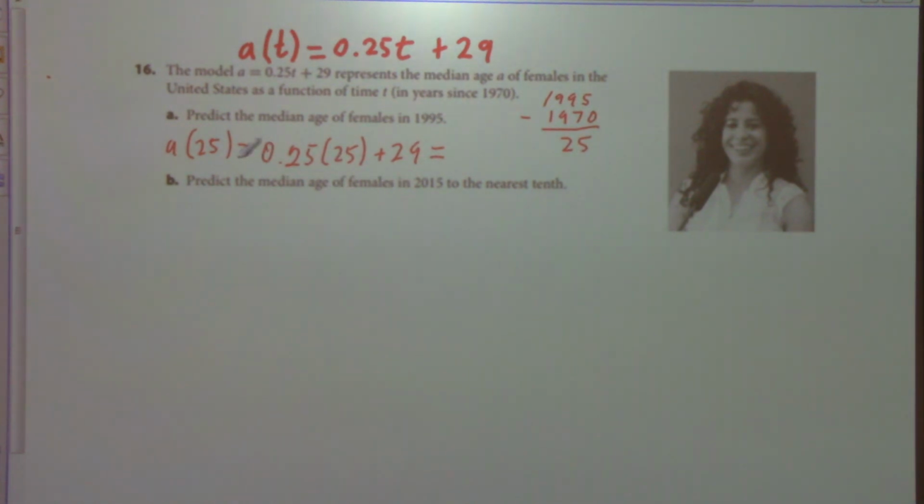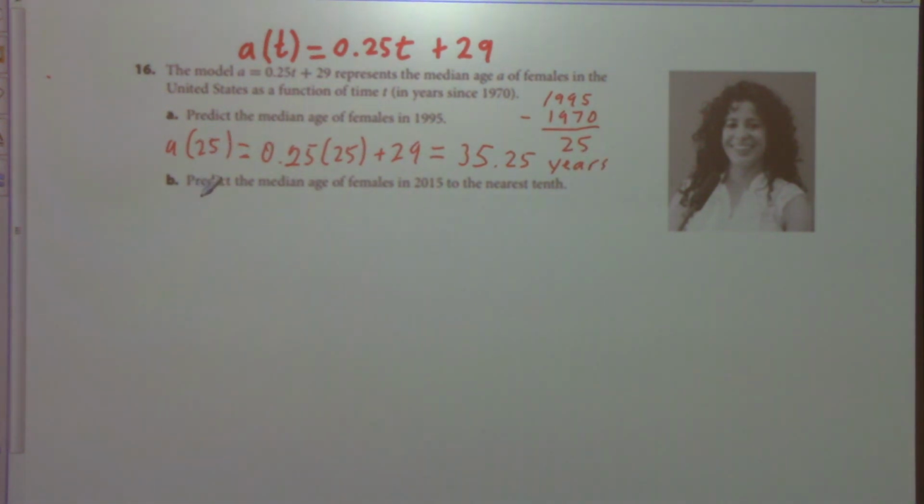You can get out your calculator if you have that, because I'd have a hard time doing this level without a calculator. What are you getting here? 35. Yeah, 35.25? And that would be years, right?